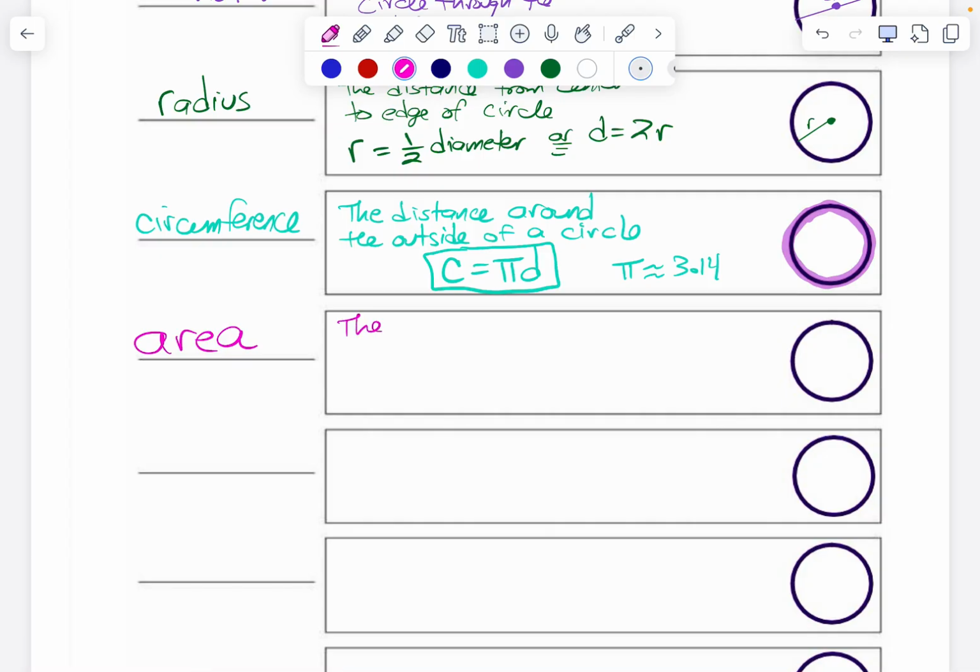The area is the space inside, or the surface inside of a circle. So this is, anybody know?